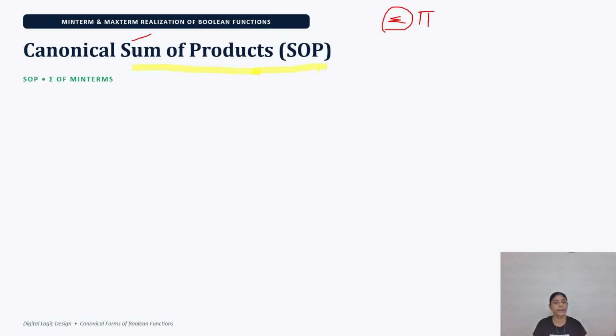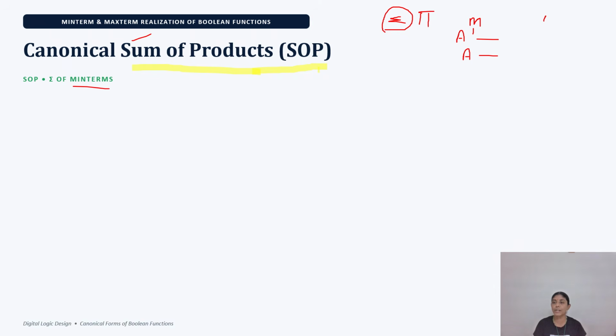So sum of product of minterm. I hope you remember the minterm. So what is a minterm? A minterm should be represented by the letter small m. While you are considering a bar, that is considered a complemented term, and A is considered an uncomplemented term. The complemented and uncomplemented terms should be represented by the logical representation also, right?